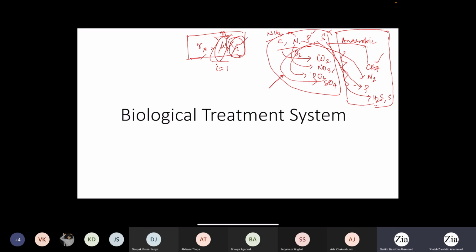So you can recover a certain amount of energy. Whereas in aerobic system, recovery of energy is not possible. Rather, you have to use a lot of energy. So this aerobic process is an energy intensive process, whereas anaerobic process is not that energy intensive.